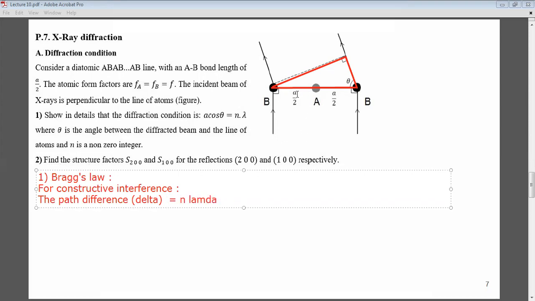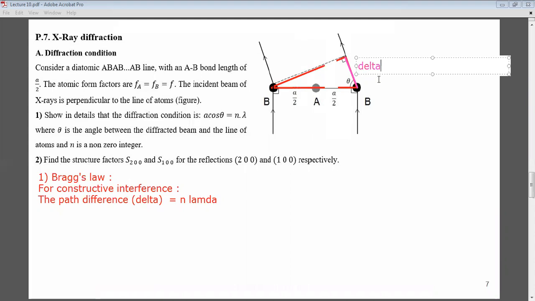Now in this drawing, where is the path difference? In this drawing, this ray and this ray are coming out together, so the path difference is this line over here. Let's call it delta.